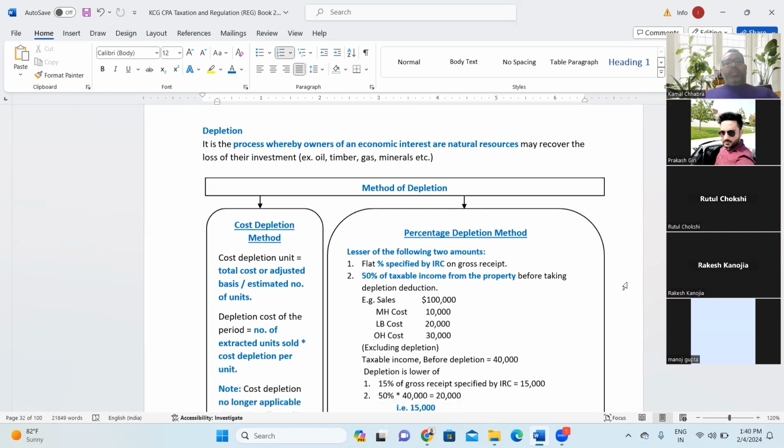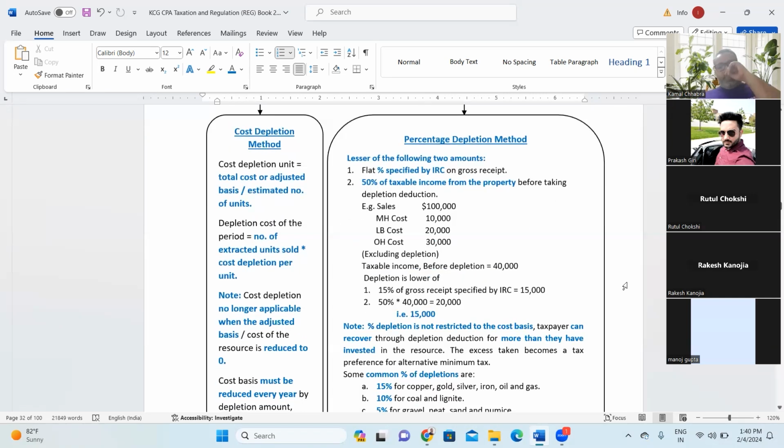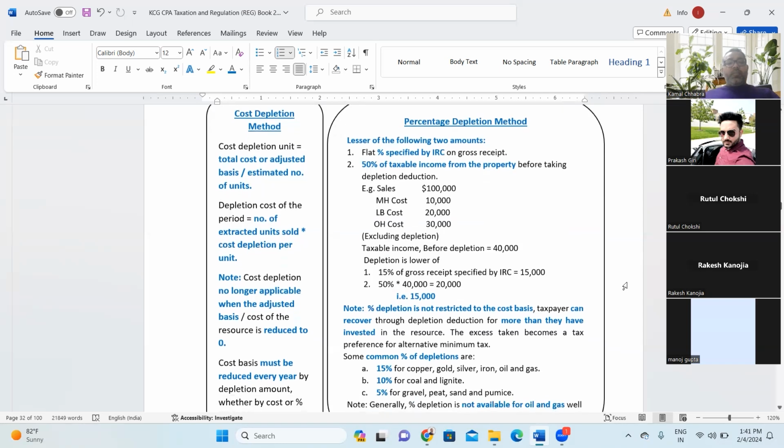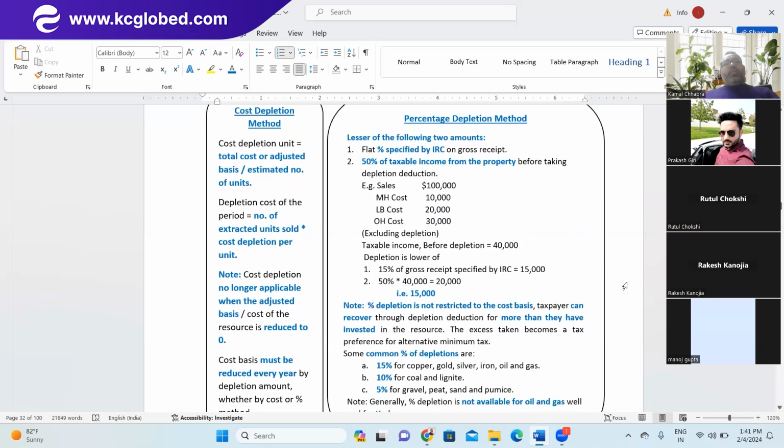So there are two methods of depletion. One is the cost depletion method, and the second is the percentage depletion method.